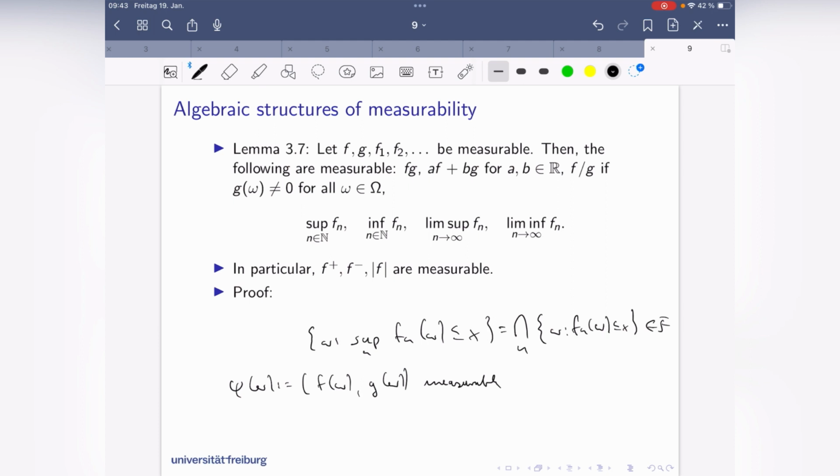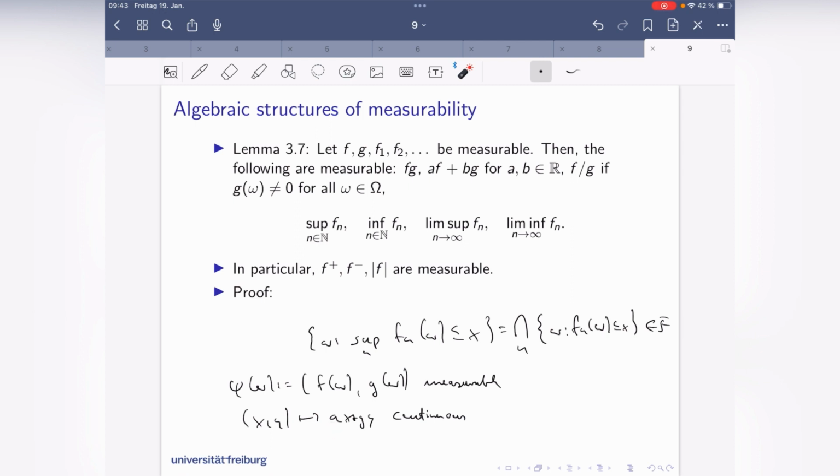And then I can write, well, x and y as a tuple maps to ax plus by, for example. That's continuous. So this function here is continuous, which means it's measurable. So I have the function first, omega goes to psi of omega, and psi of omega goes to this here.